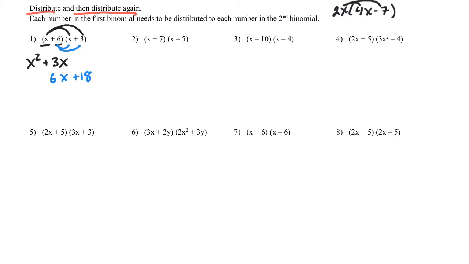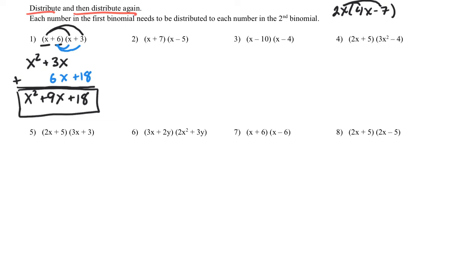Okay, so now we can draw a little line and add straight down to combine like terms, because when we're combining like terms, we're just adding. X squared plus nothing is just x squared. 3x plus 6x is positive 9x. Nothing plus 18 is just 18. And there, we're done.